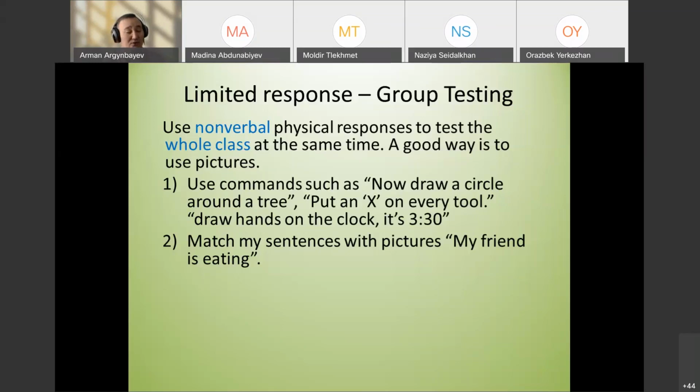When teaching time, you can use it as well. So it's 3:30, and students have to draw hands. Match my pictures. My friend is eating. So they put number 1. The dog is running. They put a number 2 near the dog which is running, and so on.